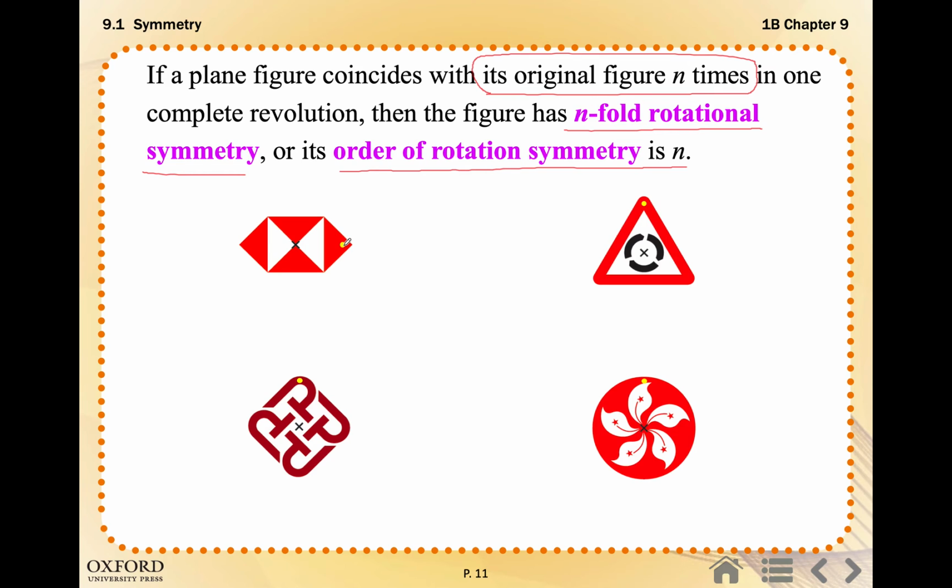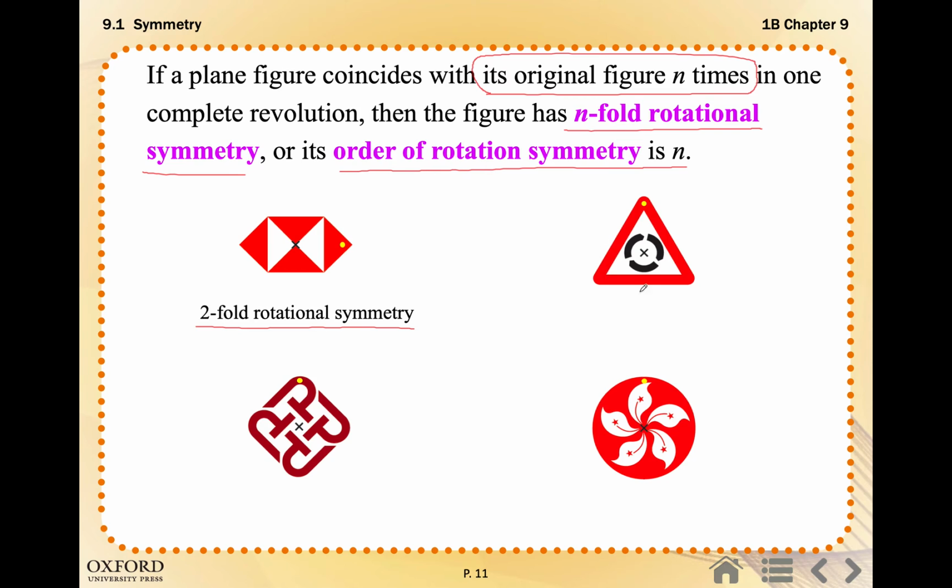Can you see the yellow dot here, with a further 180 degrees rotation, then you will get two times the same figure as the original figure. And that's why we call it two-fold rotational symmetry.